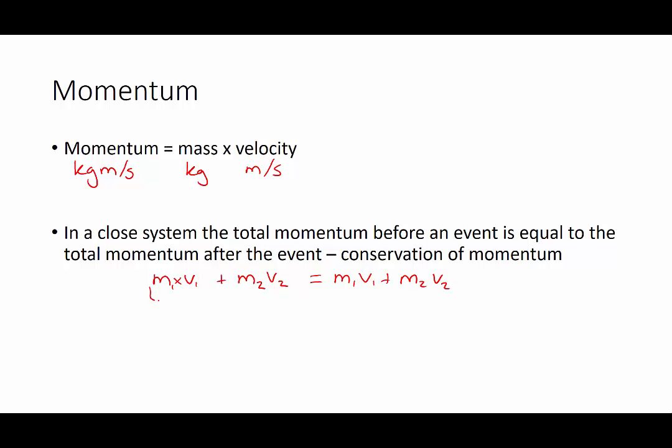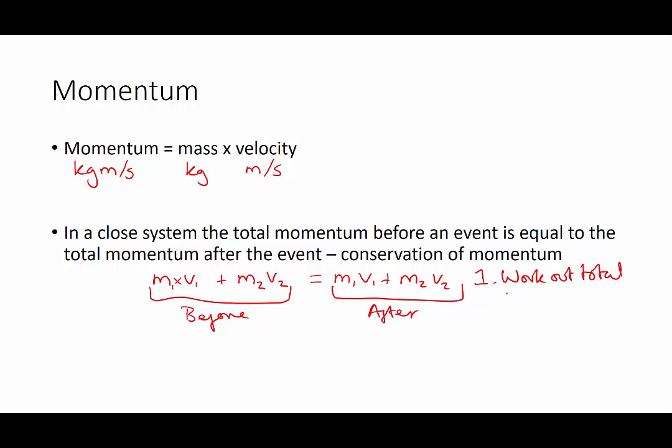What they quite often like to do is give you an initially stationary situation, for example firing a gun or 2 skaters about to push apart, where the initial momentum is 0, in which case the forward momentum of one thing has got to be equal to the backward momentum of the other. So when you're looking at these types of questions, start by working out the total momentum before the event happens.